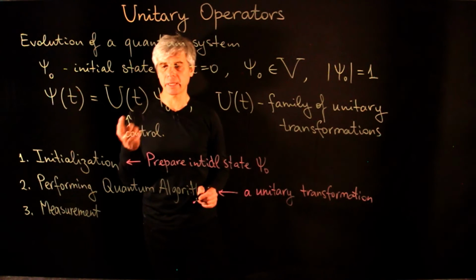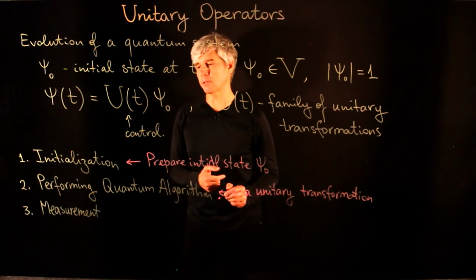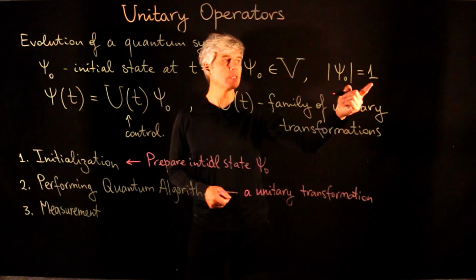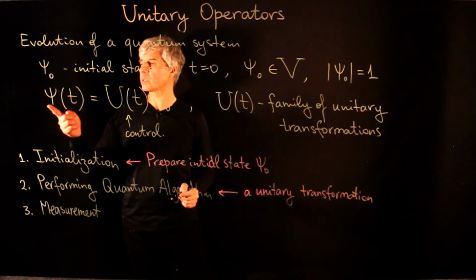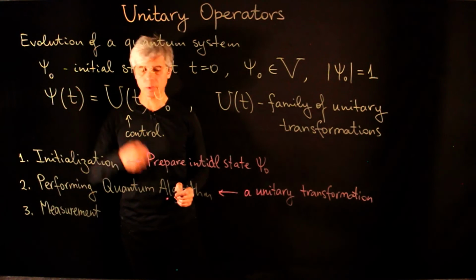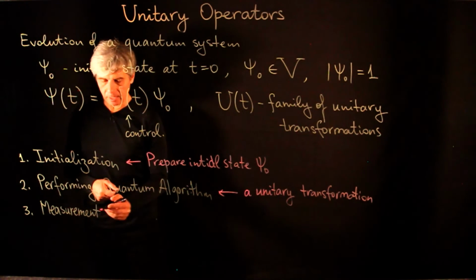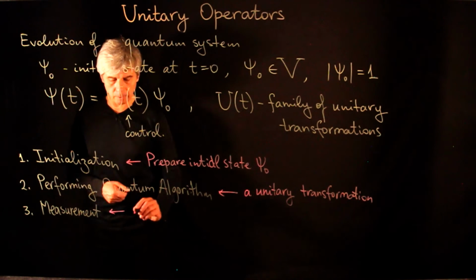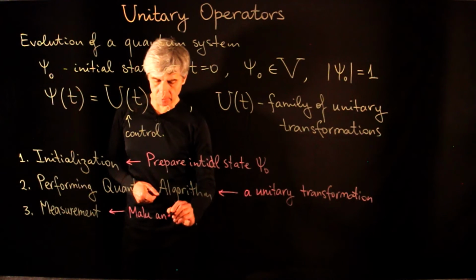Because the length of a vector is expressed in terms of a scalar product of a vector with itself. And this guarantees that if the initial state had norm 1, then at each time, psi of t will also have norm 1, right? And so at the end, we perform the measurements, right? And so we make an observation.